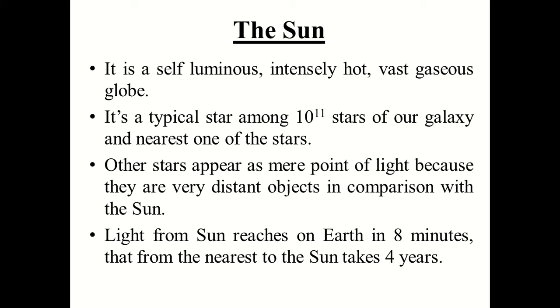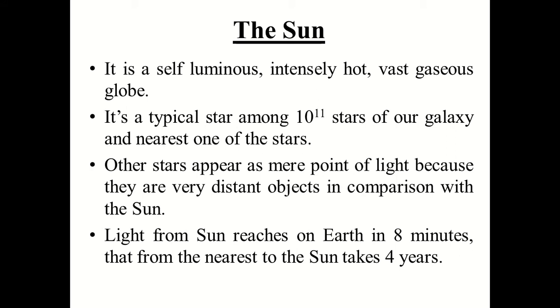To understand the distance between the sun and the next nearest star to us, just look at the time taken by light to reach the earth from that star. By calculation, we can see that the light from the sun takes 8 minutes to reach earth.